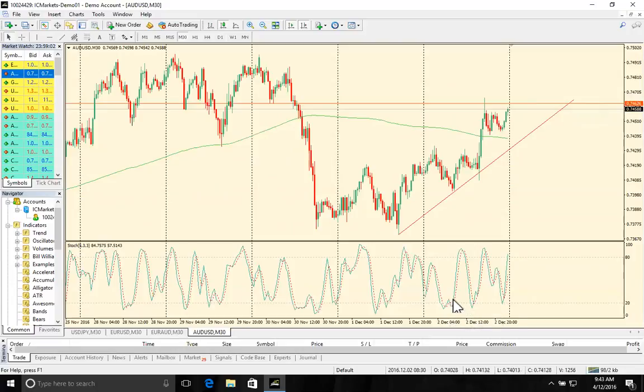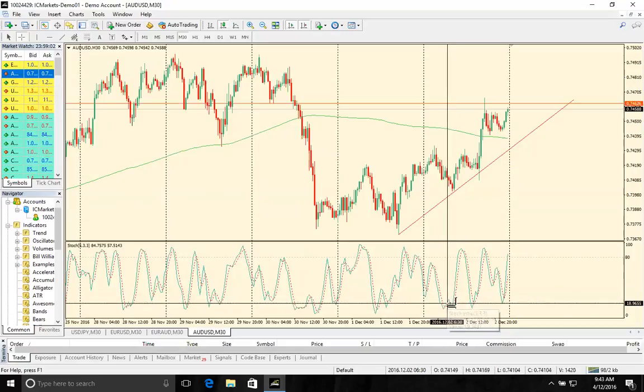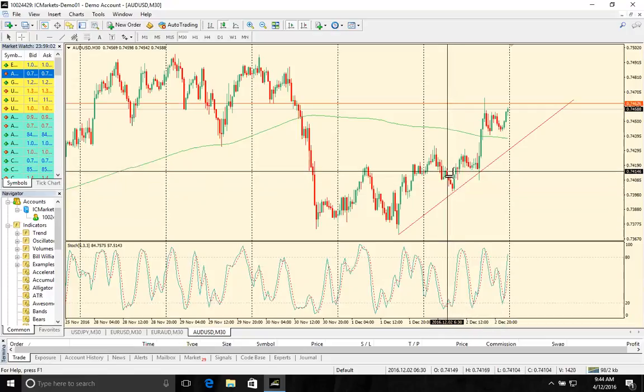If you want to enter the market at this point or this point, you can see that the price in this part is going up and down a little bit, so you don't know whether to enter here or here. Either way, that's not your area for the entry.